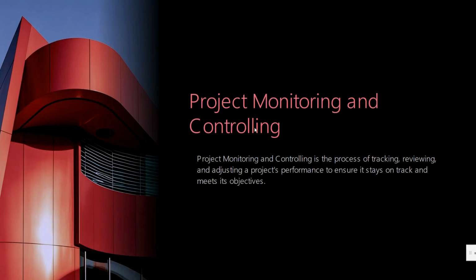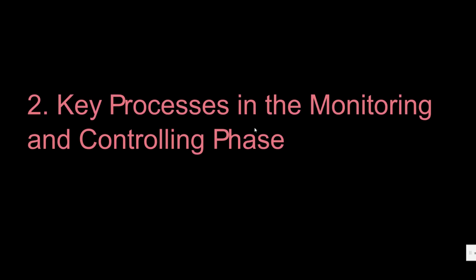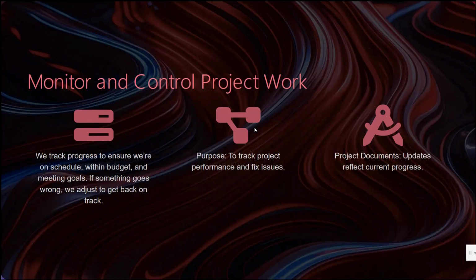Okay, so next we have the key processes in the monitoring and controlling phase. Let's discuss the first process, that is monitor and control project work. Here you can see we track progress to ensure we are on schedule, within budget, and meeting goals.